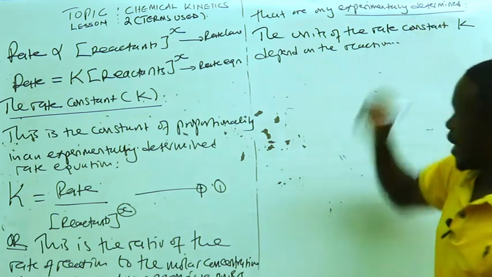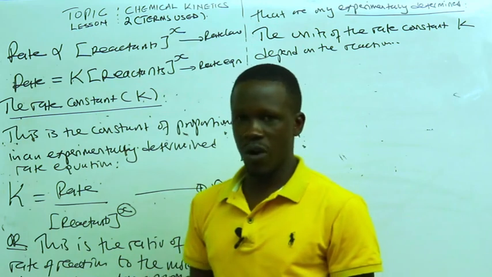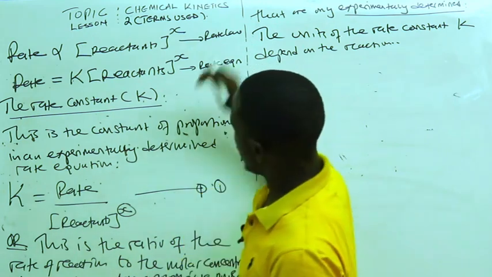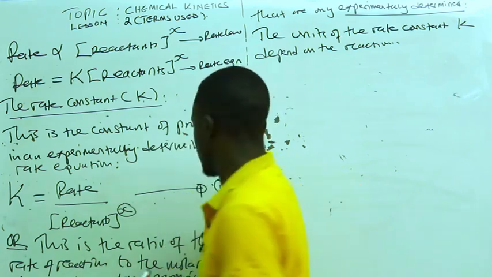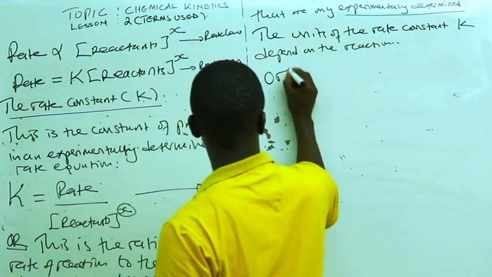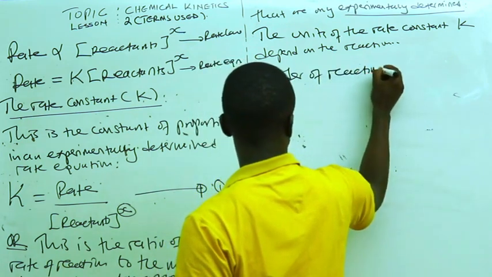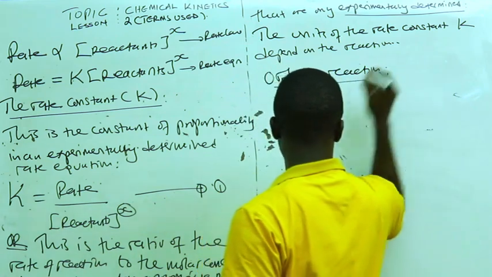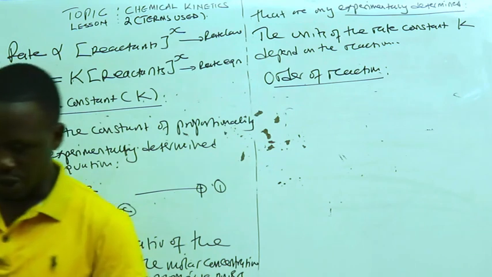Now, another component of the rate equation that we would want to look at is x itself, which we are calling the order of reaction. Order of reaction. What do we mean by order of reaction?